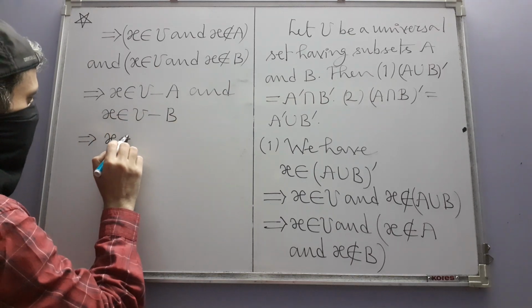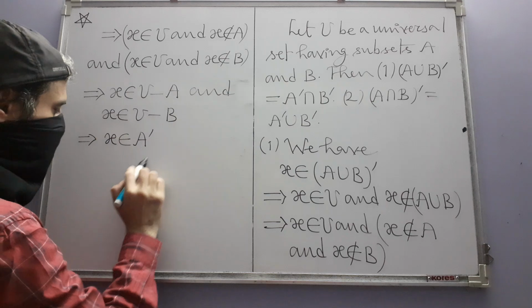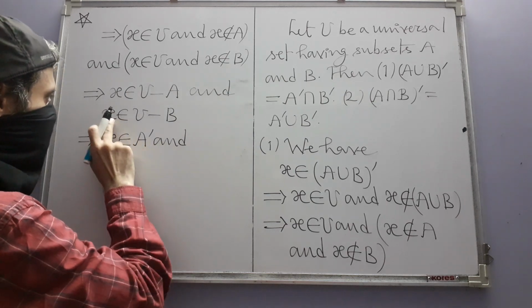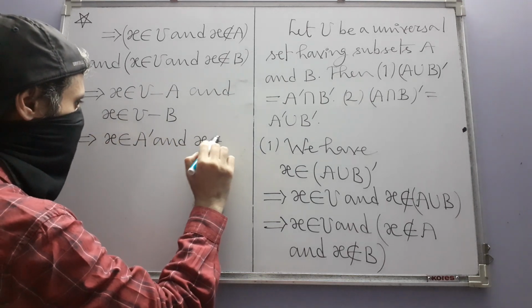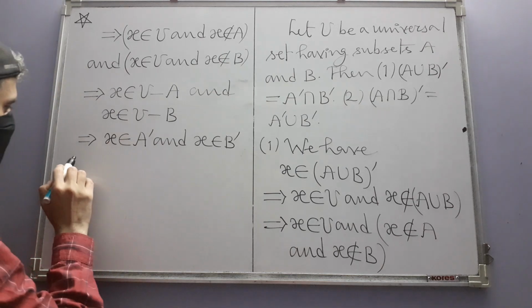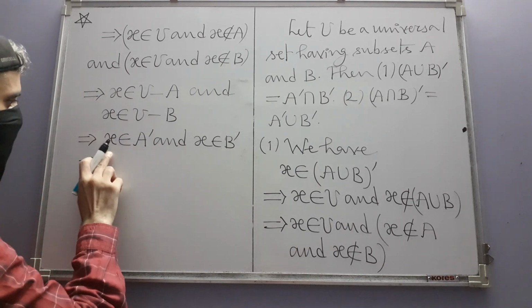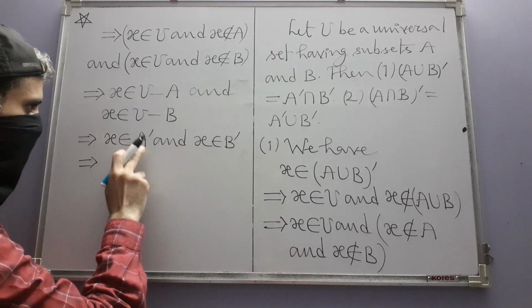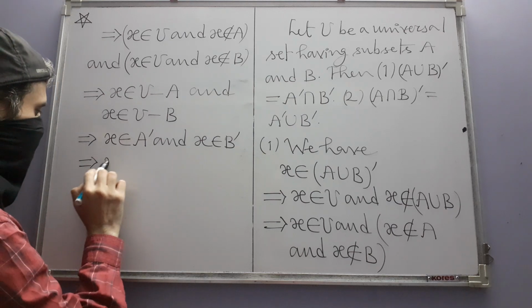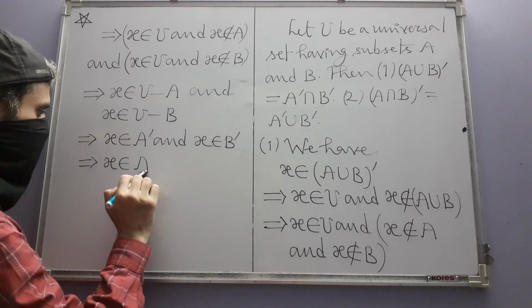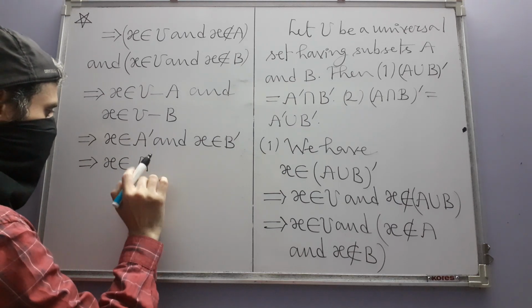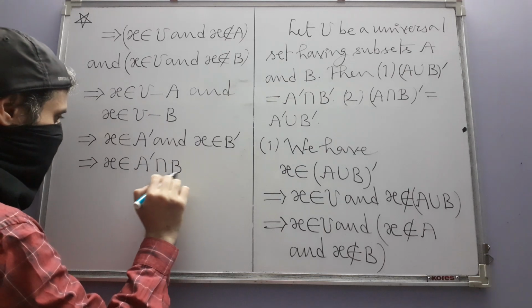U difference A means A complement, and this means B complement. So X belongs to A complement and X belongs to B complement, and that is why X belongs to the intersection of them.